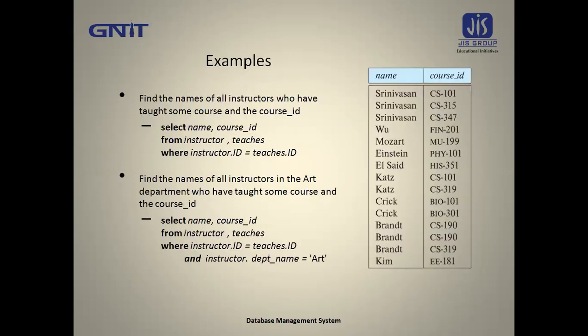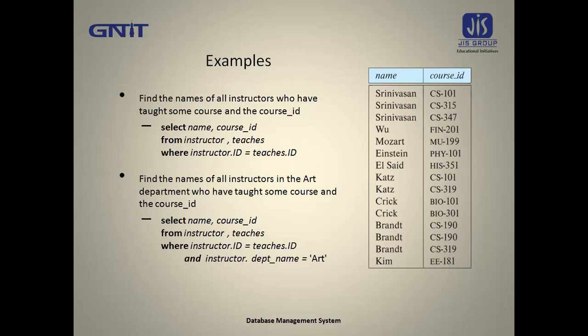So I am writing select name comma course ID from instructor and teachers, where instructor.id equal to teachers.id. And in this way we will find all the instructors' names and the course ID that he or she is teaching.